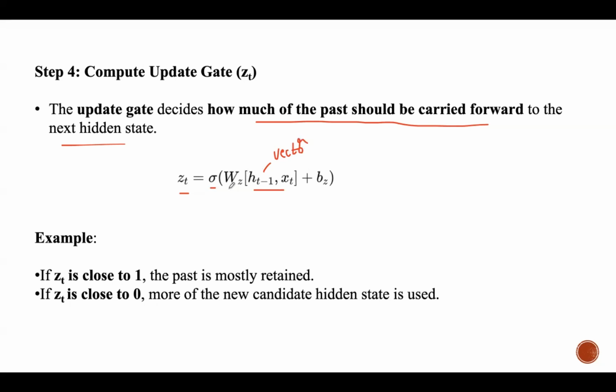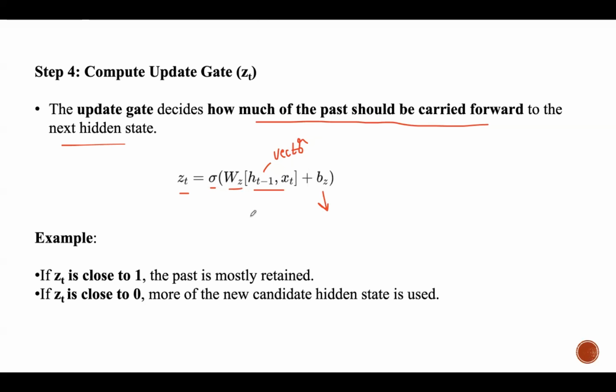And then we are applying Wz. Wz is a weight matrix for the update gate, which learns the relationship between past information ht minus 1 and current input xt. Then this bz bias term helps adjust activations for better learning.